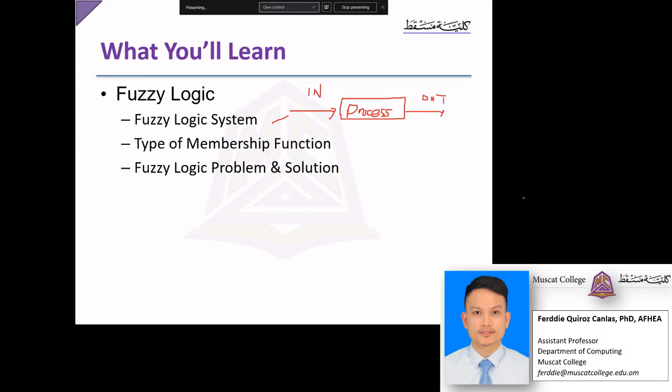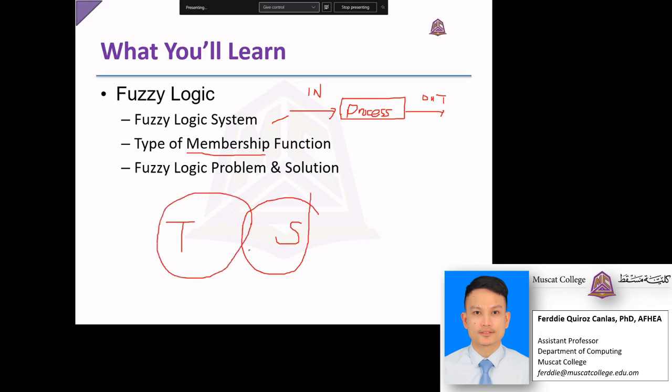Maybe you're having an idea what I'm talking about on the membership. So the membership function determines which group belongs to tall and which group belongs to small. So we have functions to determine the membership of the data, either it's categorized under tall or under small.